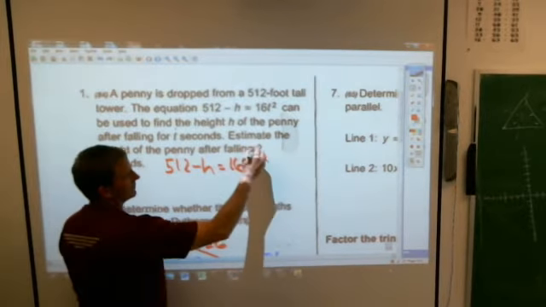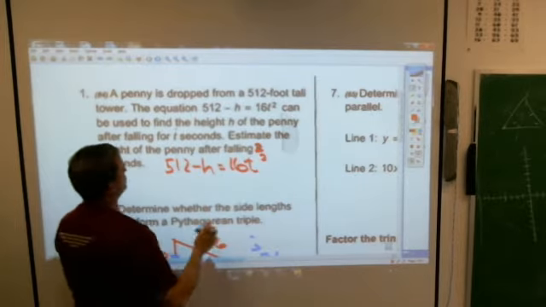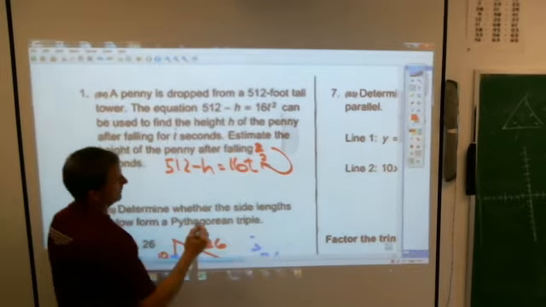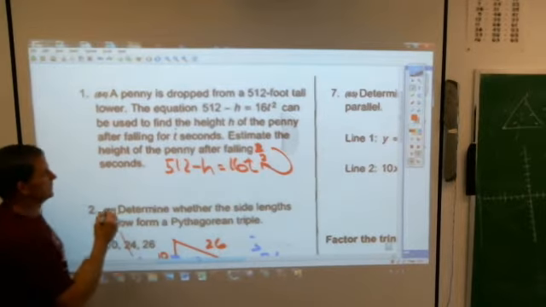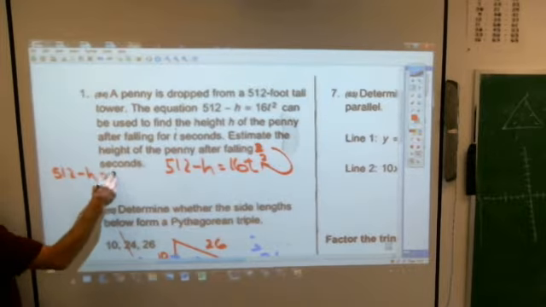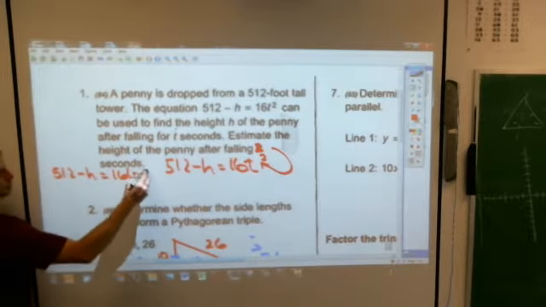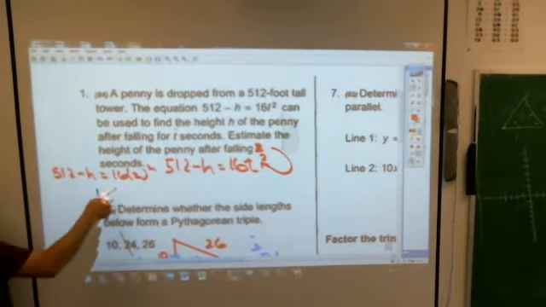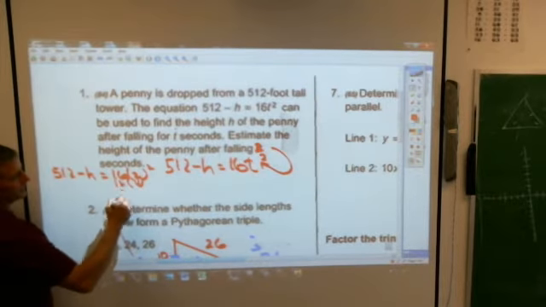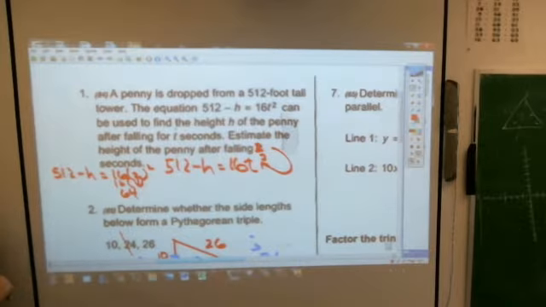The time is 2, so you're just going to put 2 in for time. It ends up looking like this: 512 minus h equals 16 times 2 squared. So you have to square the 2 first. 4 times 16 is 64. That equals 512 minus h.